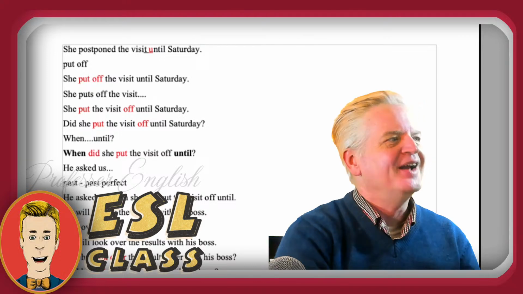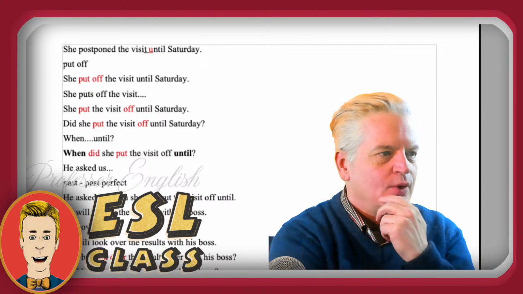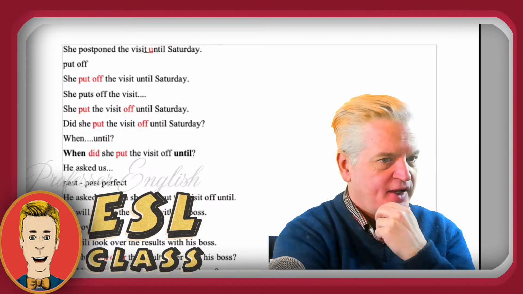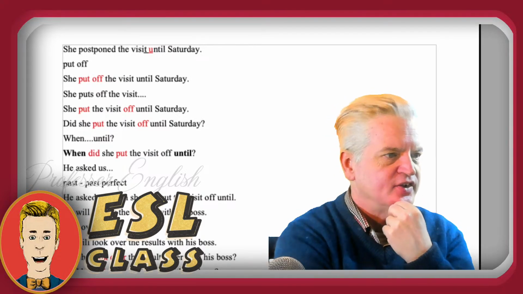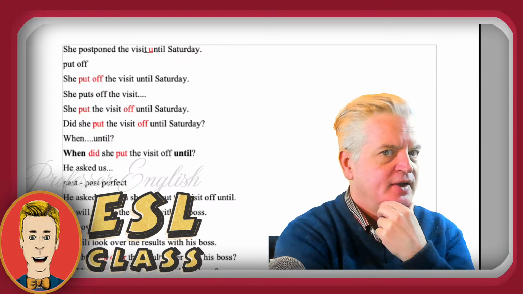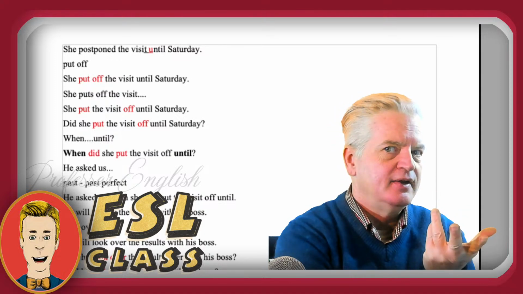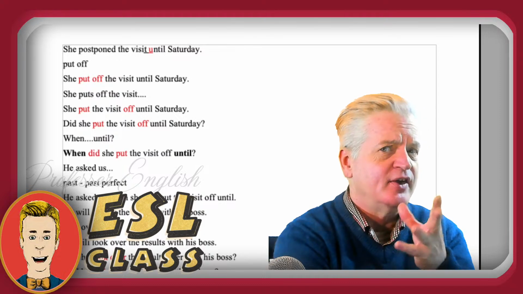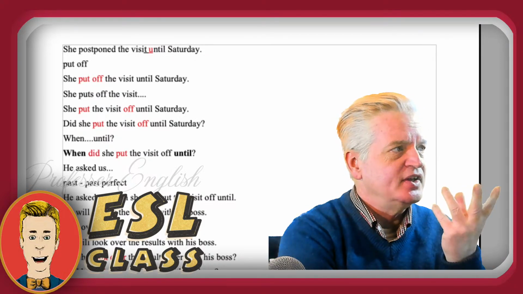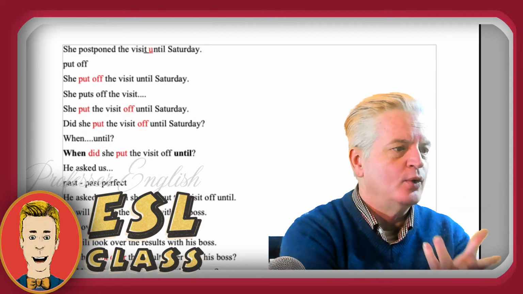So let's start with the sentence: she postponed the visit until Saturday. Now, if you speak a Latin language, like maybe Italian or Spanish or French, you probably could easily understand the word postpone.